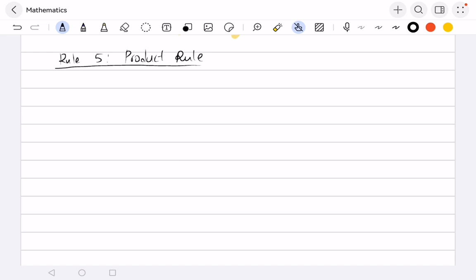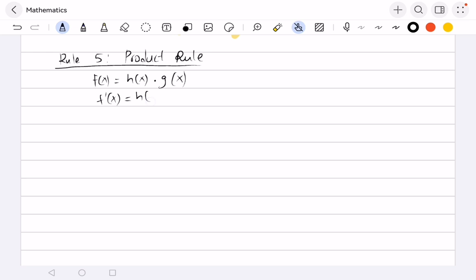For example, if you have the function f of x equals h of x multiplied by g of x, and you want the derivative of this function, you are going to apply this important rule.